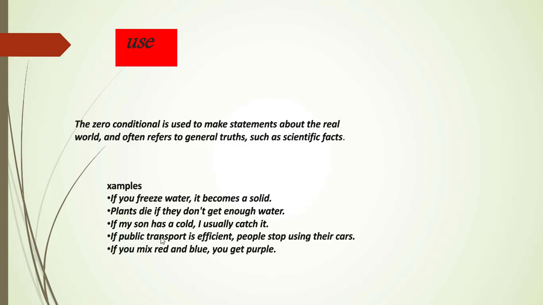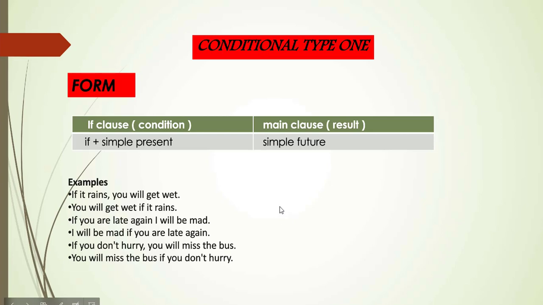For the if clause we have the verb to be in simple present, and for the main clause we have stop, which is also in simple present. Then another example: "if you mix red and blue, you get purple". In the if clause we have the verb mix, in simple present, and in the main clause we have get. Now we can move to another type of conditional, which is conditional type 1.